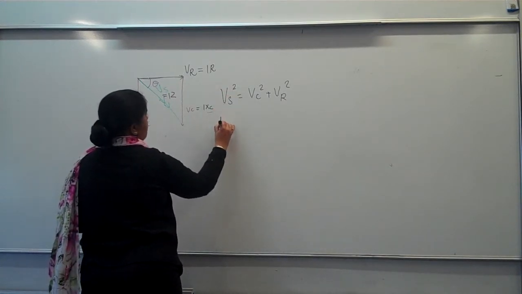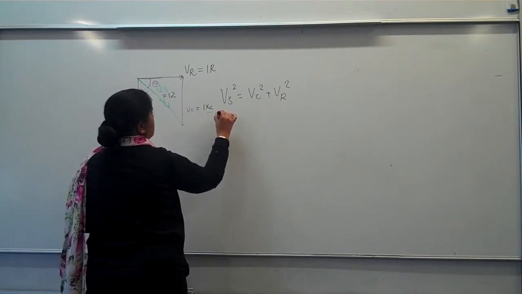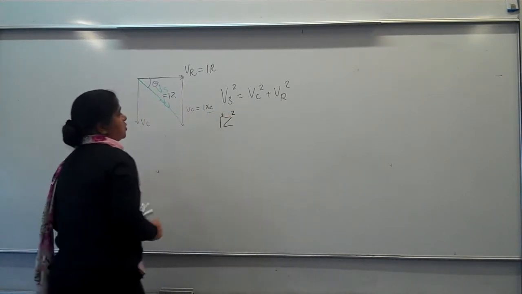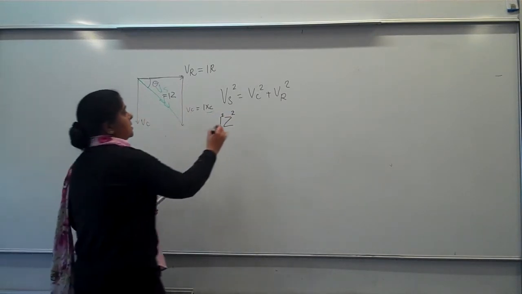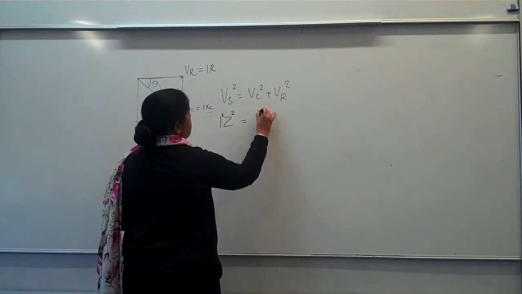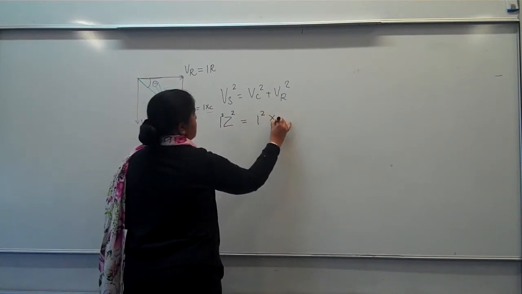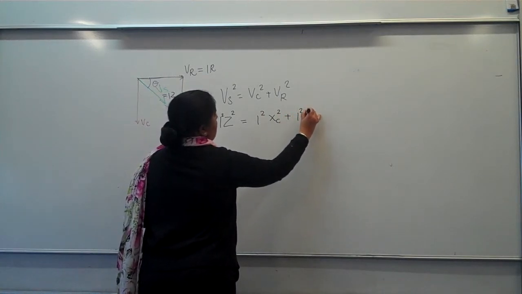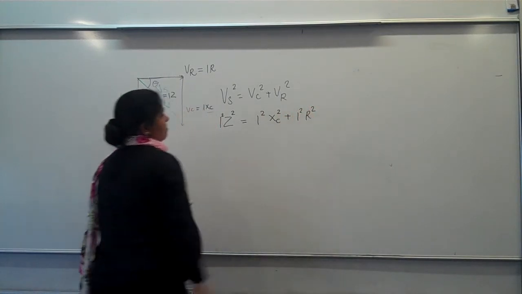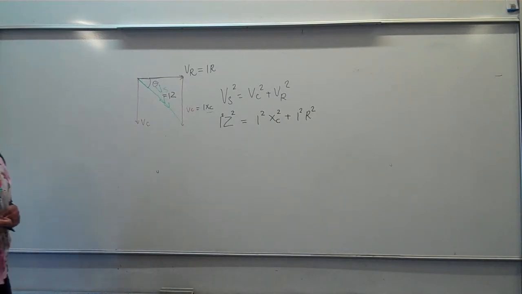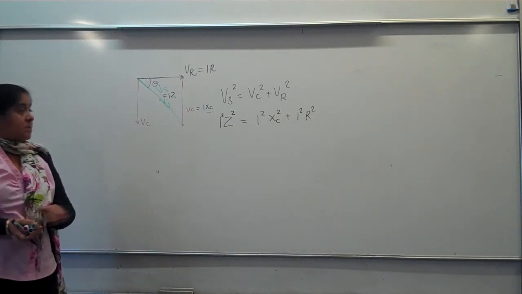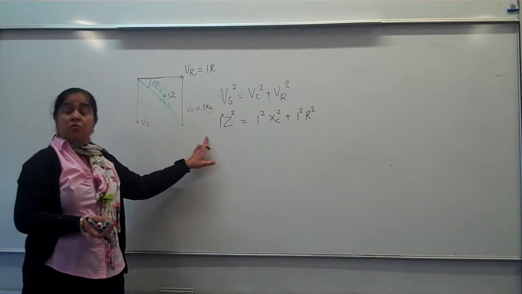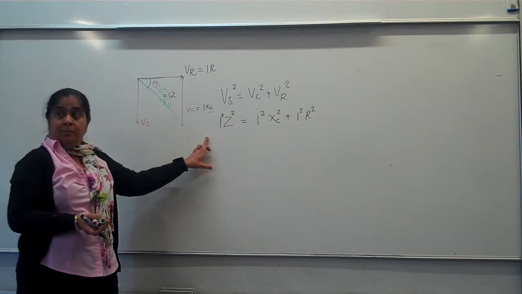VS squared is IZ whole squared; I squared Z squared is the same as I squared XC squared plus I squared R squared. Are you okay with me writing this equation this way? Yep.